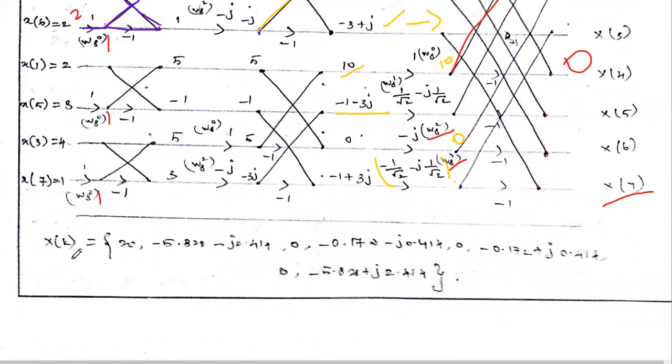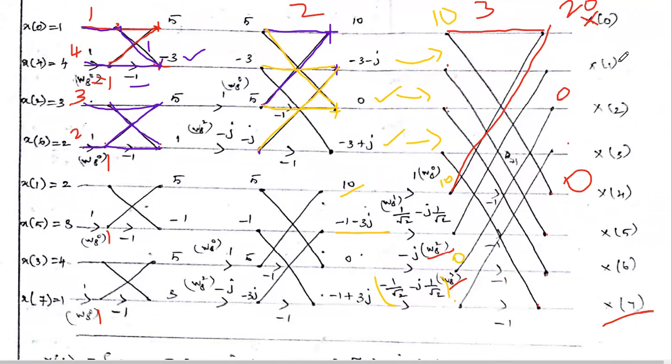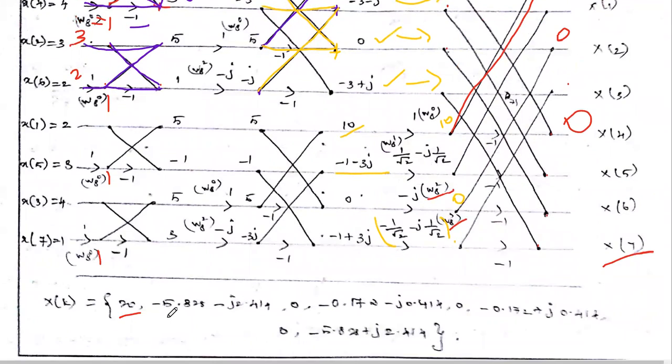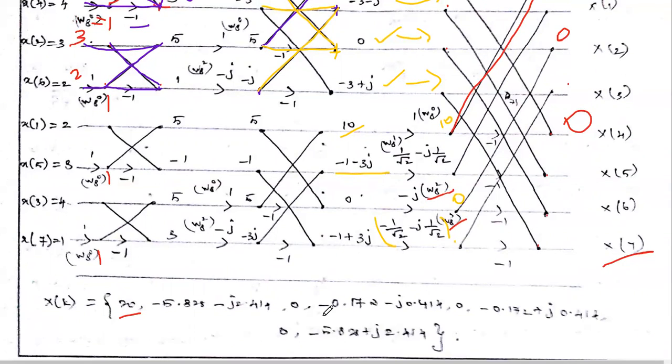So here you see the X of k value, the first answer is 20. So the first X of 0 value is 20. This X of 1 is minus 5.828 minus j 2.412. Then the third answer is 0. Then the fourth answer is minus 0.127 minus j 0.414. Then the fifth answer is 0.